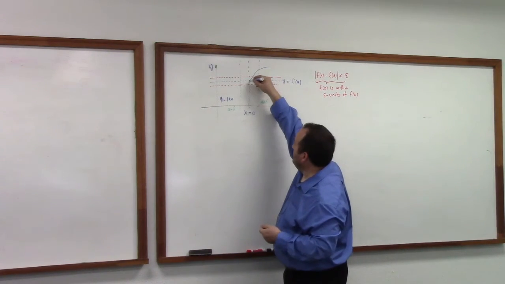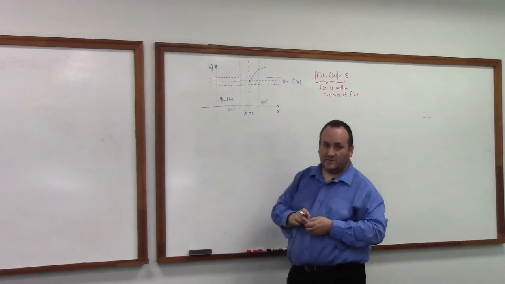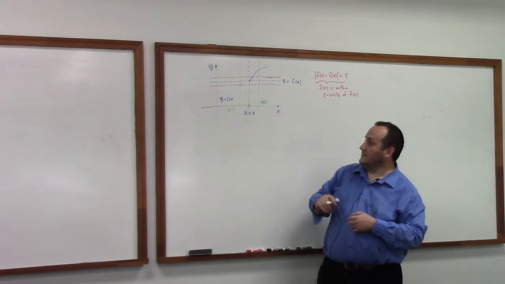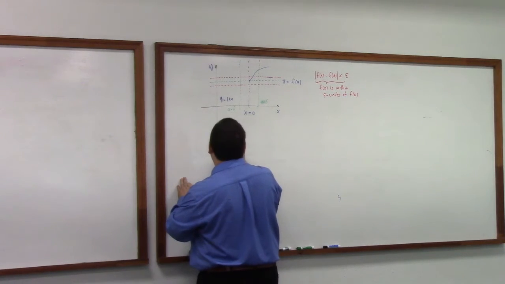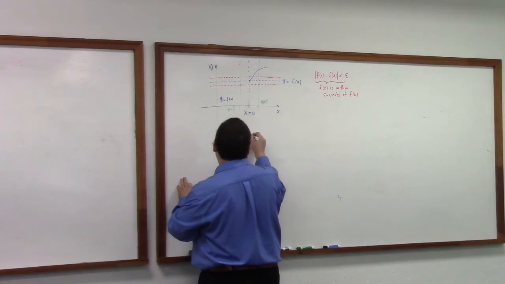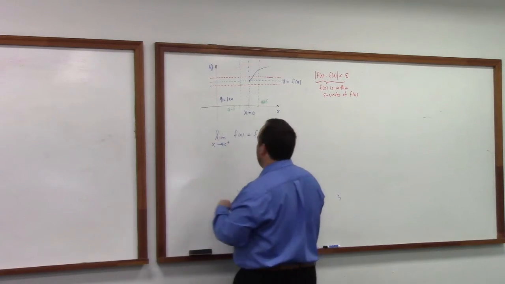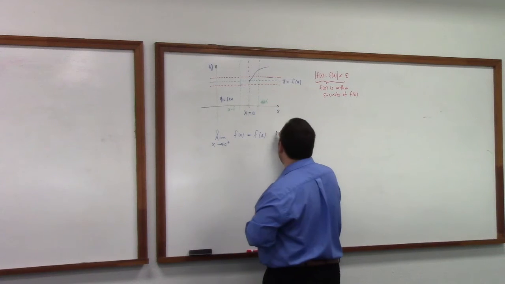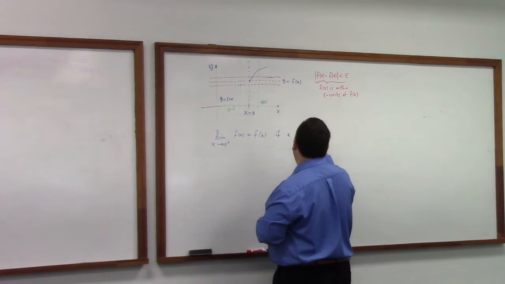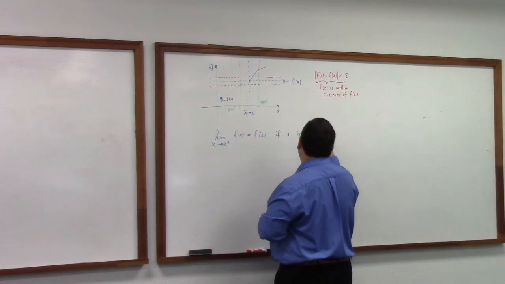Then if you look at this condition here, what does the definition reduce to? It reduces to the limit as x goes to a from the right of f of x equals f of a, if a is a left endpoint or left boundary point.